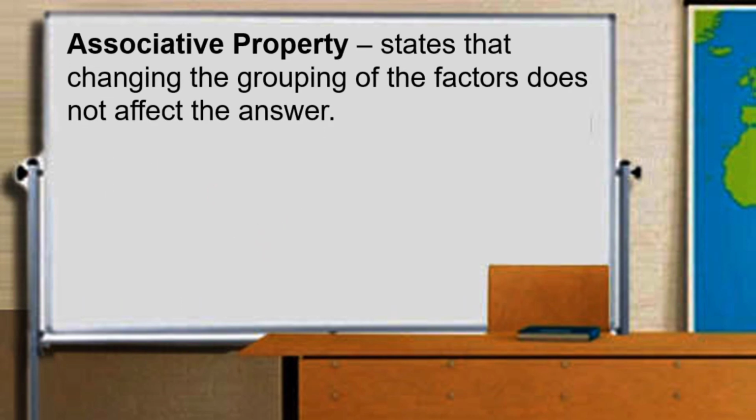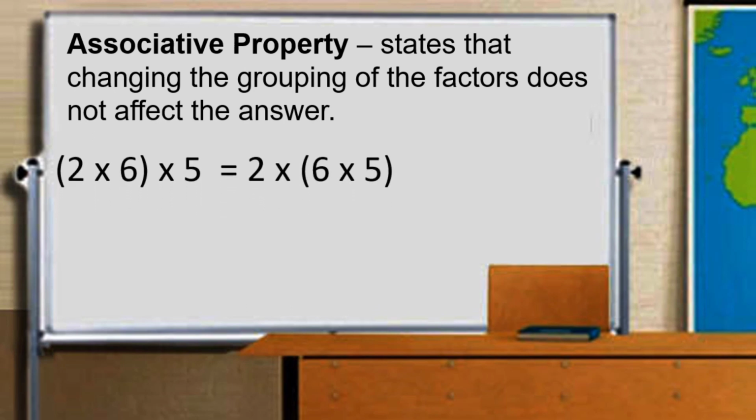Let's have another example of associative property. So this time multiplication naman. (2 times 6) times 5 equals, labas natin si 2 from parenthesis. So 2 times, and then pagsamahin natin sa parenthesis si 6 and 5. Kaya meron tayong 2 times (6 times 5).